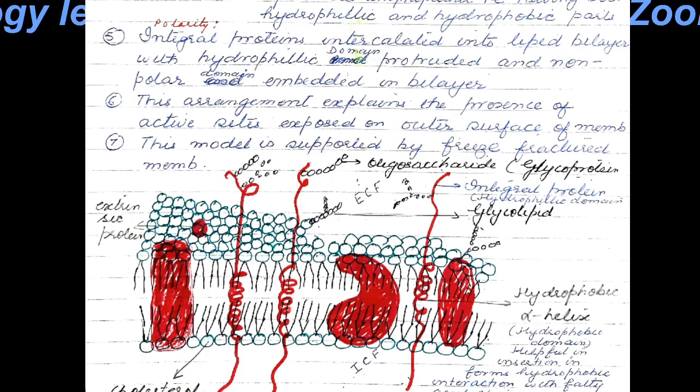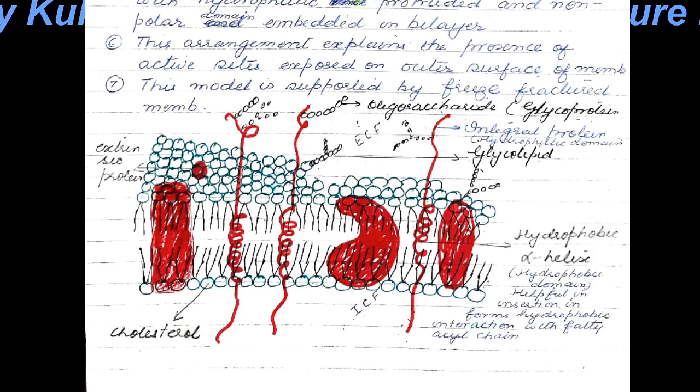hydrophobic in nature, and this hydrophobic domain is very important for the integration of the protein in the plasma membrane. And you all know how very important proteins are in the plasma membrane. They play a very vital role.